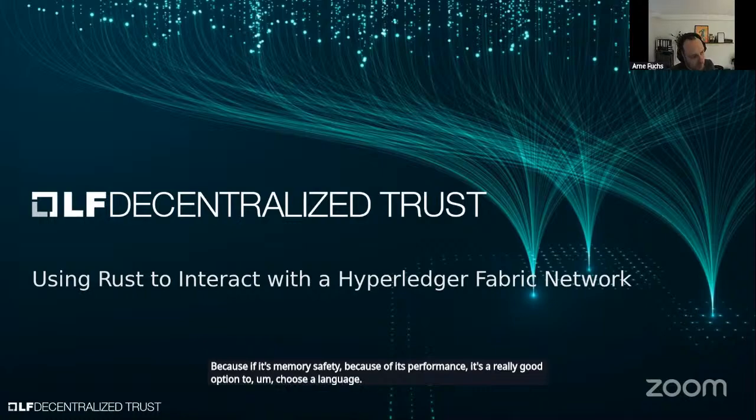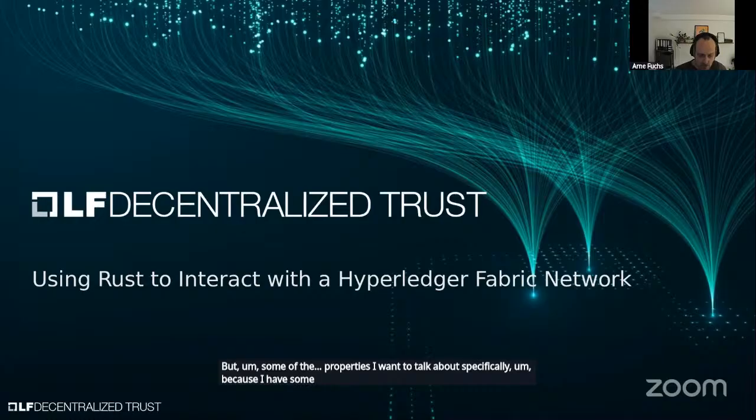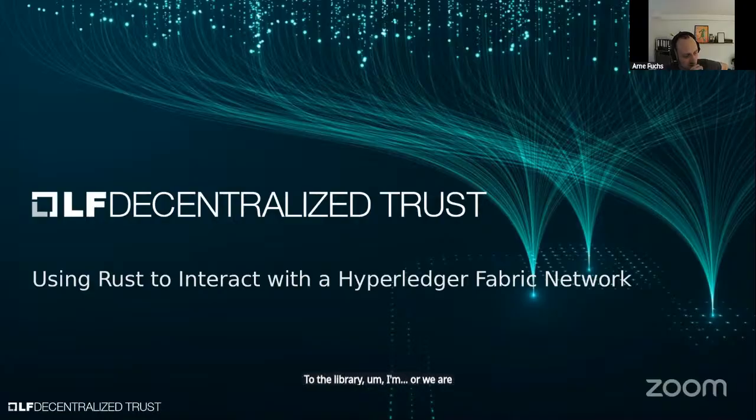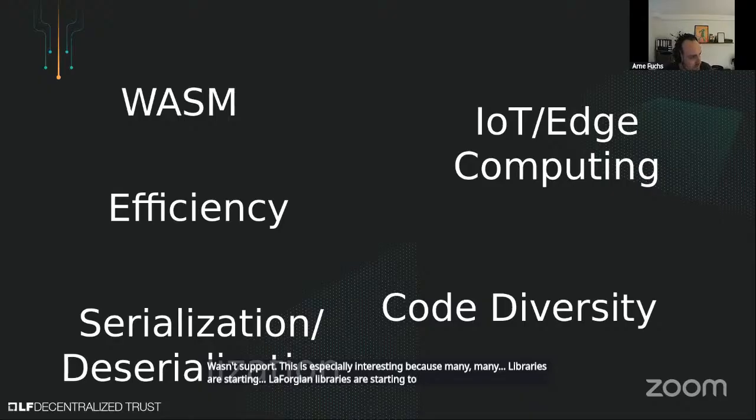But there are some properties I want to talk about specifically, because I have some visions for the library we are implementing for the Hyperledger Fabric. One of them is WASM, WebAssembly support. This is especially interesting because many front-end libraries are starting to rise for WASM. For example, Dioxus is one of the libraries I personally really like to use.